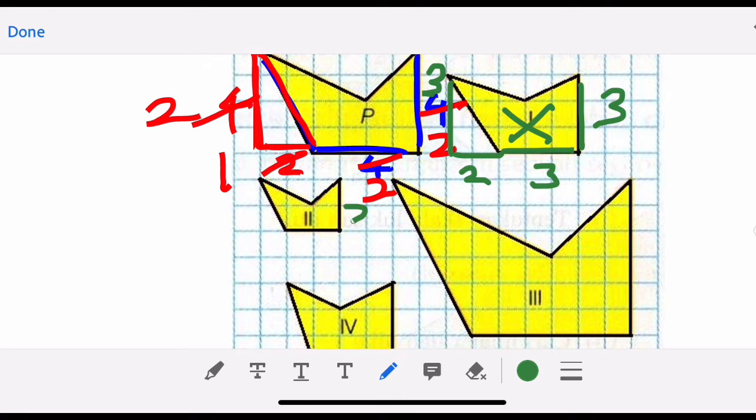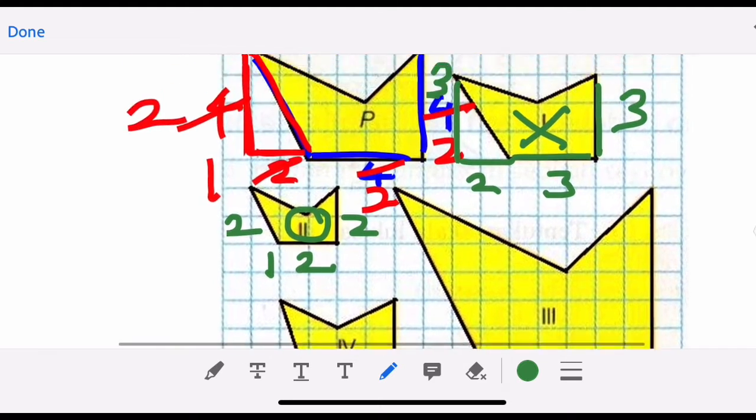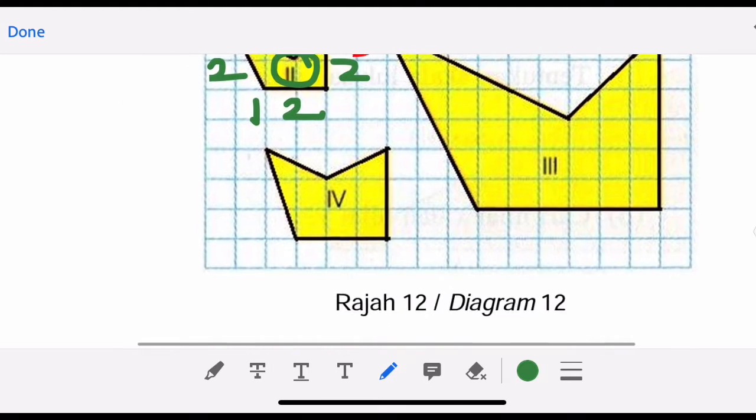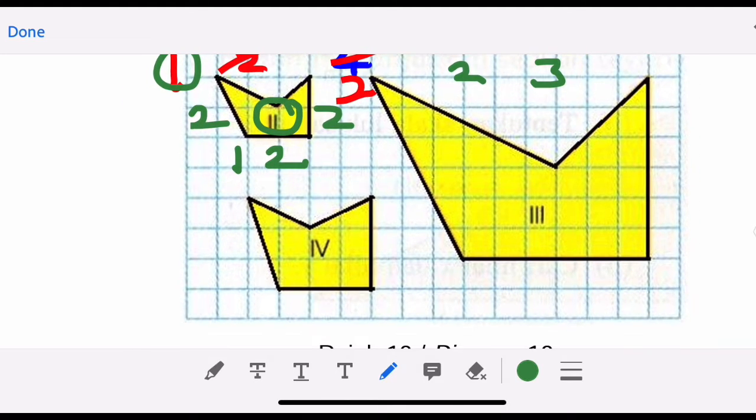So let's see. This one is 2, 2, 1, 2. Yeah, this is correct because the ratio is exactly the same as this one, 1 here. After we simplify with 2, we get 2, 1, 2, 2. So we want the ratio to follow the scale given. This one is 3, 3, 1, 3. So this is not.